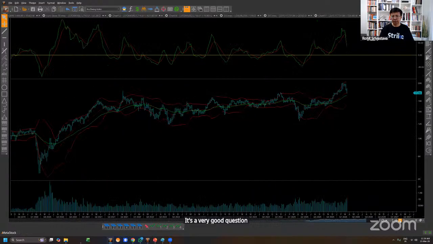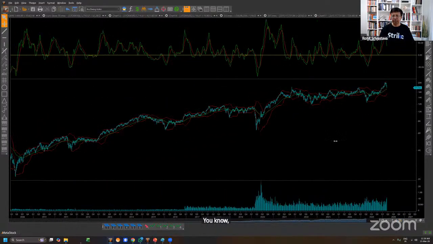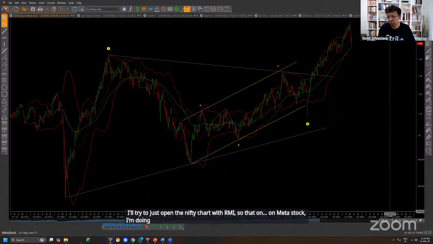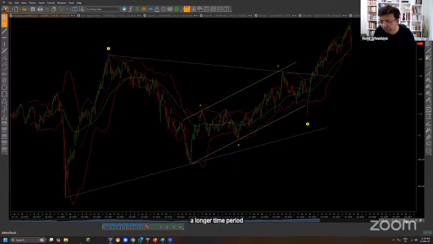In technicals, we put indicators into time frames. I'll open the Nifty chart with RMI on Metastock so that I can show you a longer time period. Just give me a second.